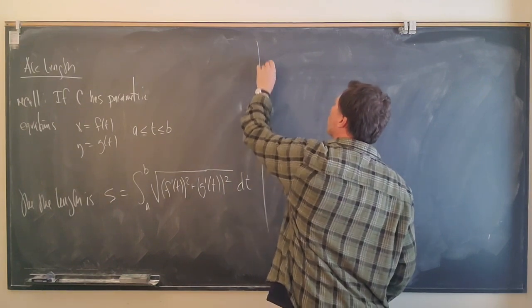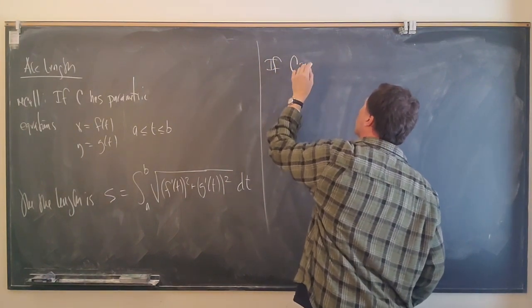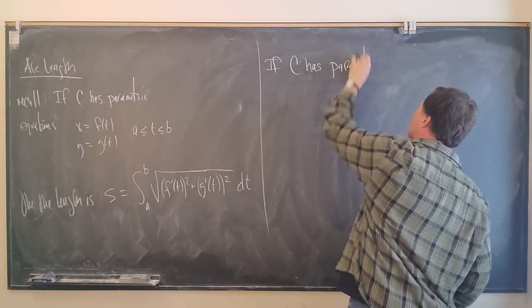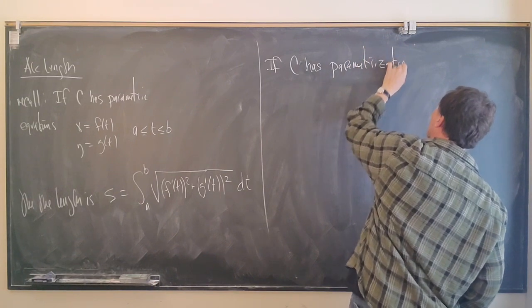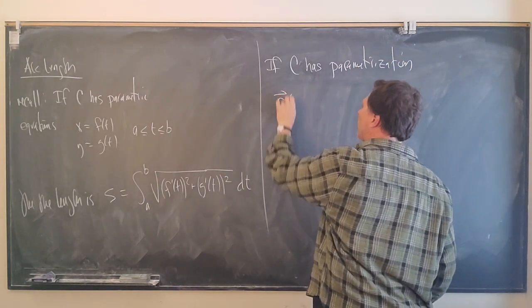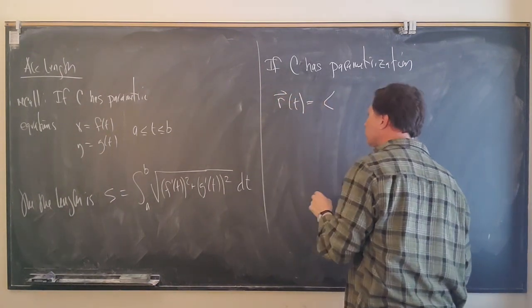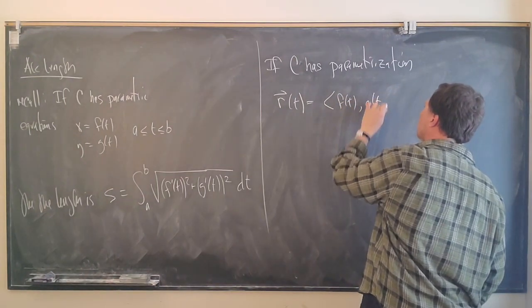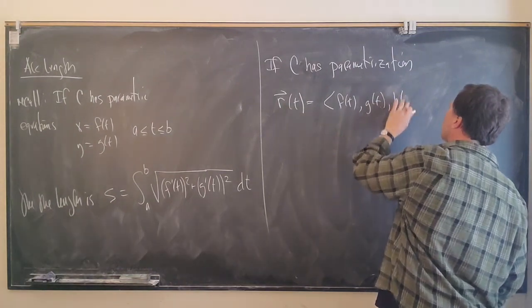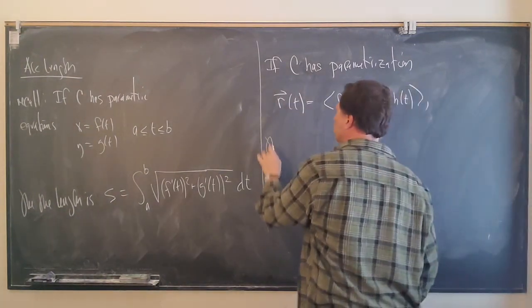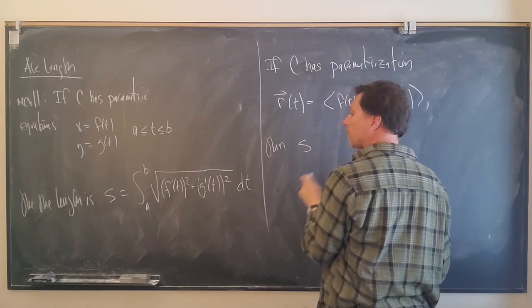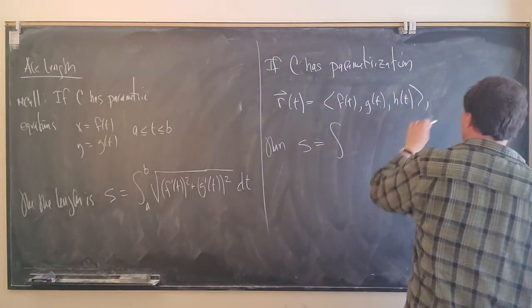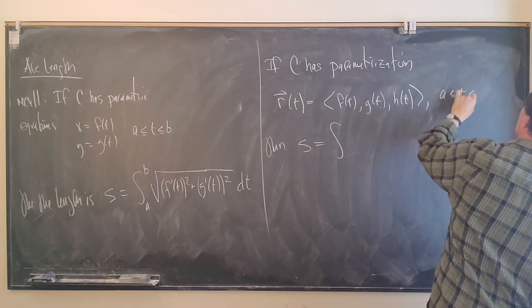So if C has parametrization, and I'm going to write this in vector form, r of t equals f of t, g of t, h of t, then the length of the curve is going to be the integral. And I need to give a range here also: a less than or equal to t less than or equal to b.